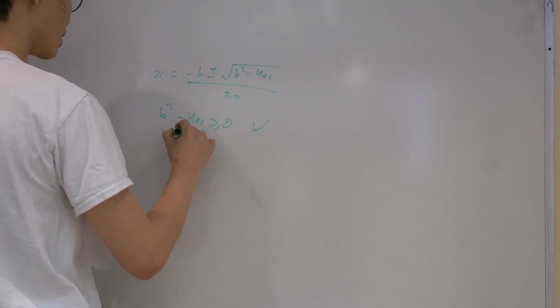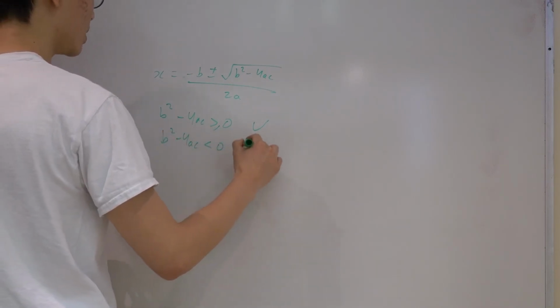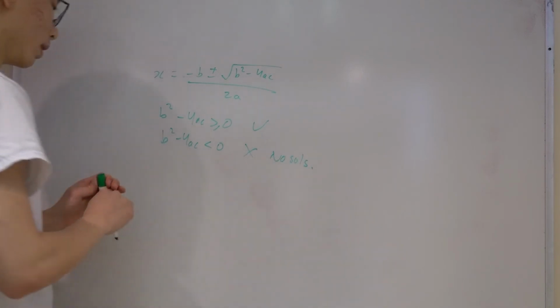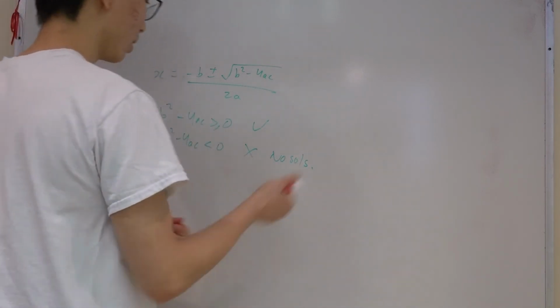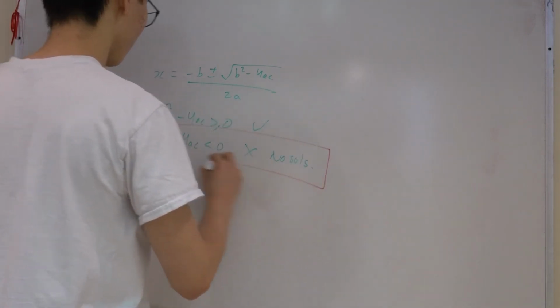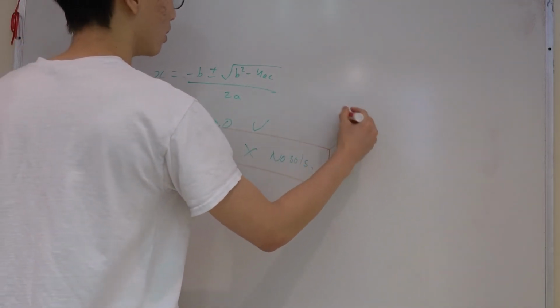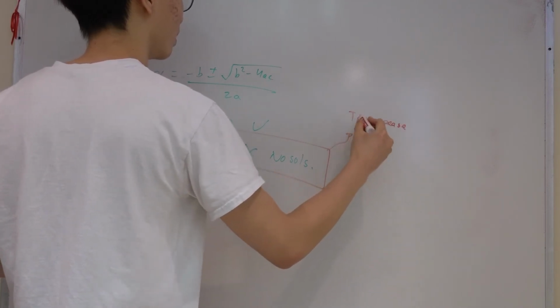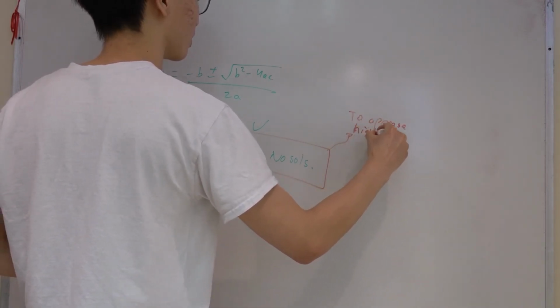But if it is not, if it is less than 0, we said that this was bad. We said it had no solutions. Okay? This here is what we say to appease high schoolers.